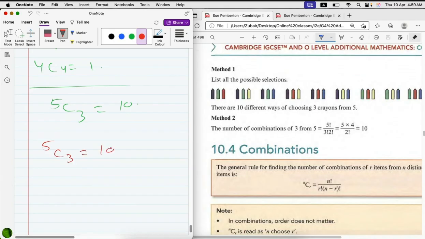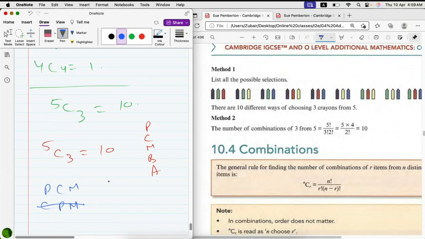So it won't really matter what order you're taking, but you're taking 3 different subjects. For example, you're taking physics, chemistry, math, biology, and add math. If you're taking any three out of these, there are 10 different possibilities. Like if you're taking physics, chemistry, math, and chemistry, physics, math, it is not different. That's the same. So order will not matter. So you'll get 10 different choices.